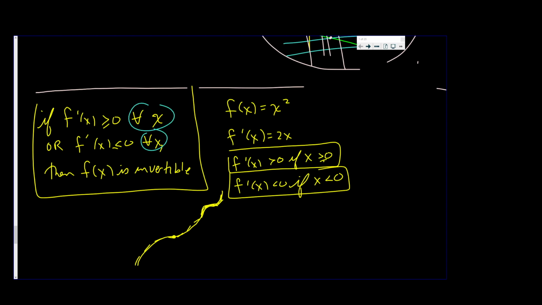Even though right here and right here, these two places, the tangent line is 0. Okay, so we conclude that f of x equal x squared has no inverse.